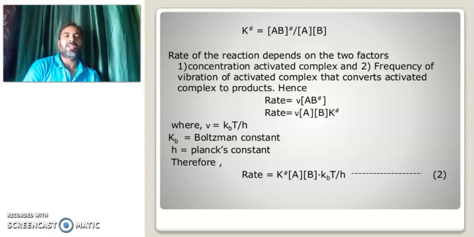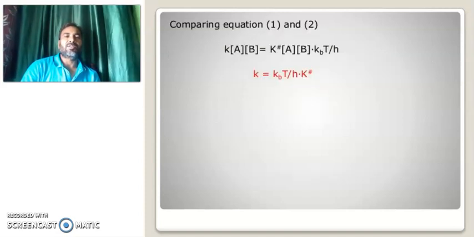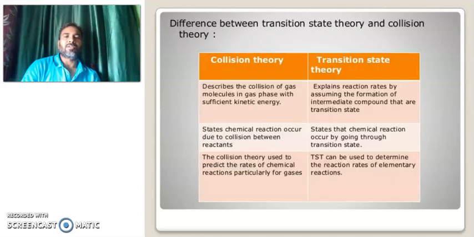Rate is equal to ν K‡ [A][B], where ν is equal to k_B T by h. k_B is the Boltzmann constant and h is the Planck constant. Therefore, rate is equal to K‡ [A][B] times k_B T by h. So, comparing equations 1 and 2, you will get these equations.